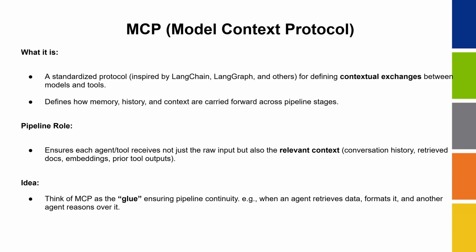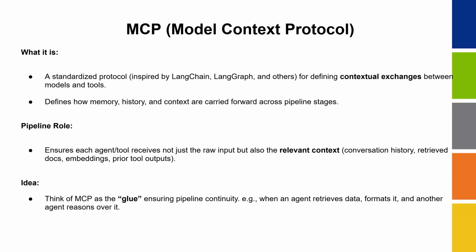It is a standardization protocol, inspired by LangChain, LangGraph, and others, for defining contextual exchanges between models and tools. It defines how memory, history, and context are carried forward across pipeline stages.